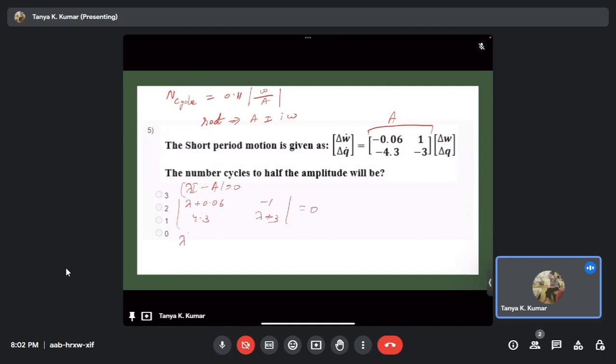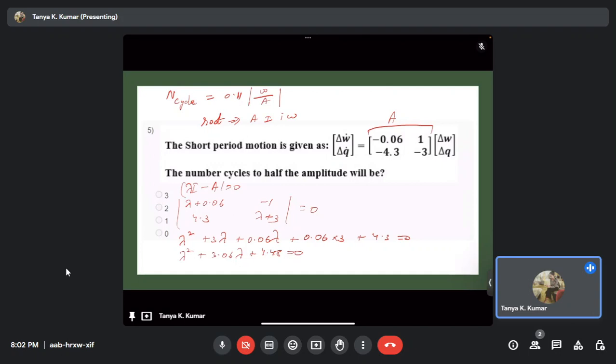You have lambda square plus 3 lambda plus 0.06 lambda plus 0.06 into 3 plus 4.3 equals 0. When you simplify that, you get lambda square plus 3.06 lambda plus 4.48 equal to 0.